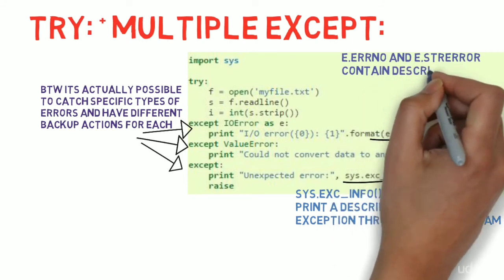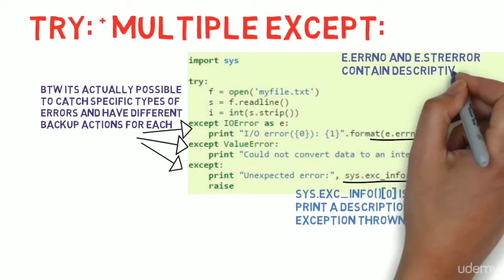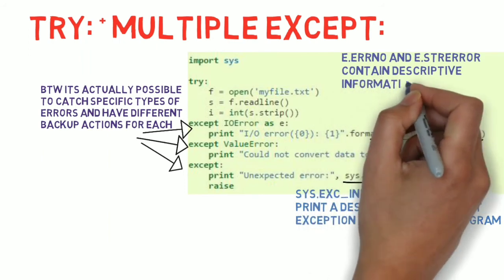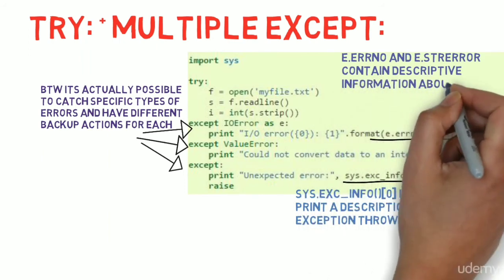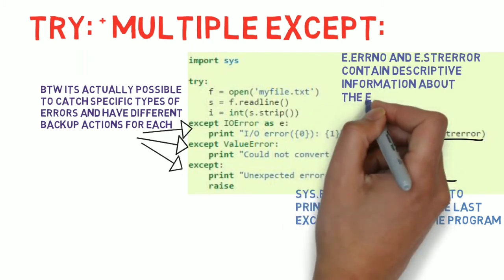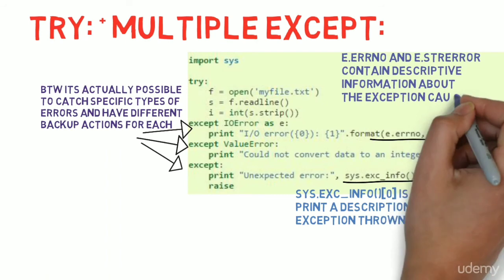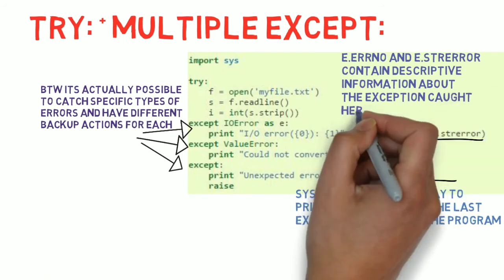Here we are calling the exception e. So e.errno and e.strerror are attributes of the error e.